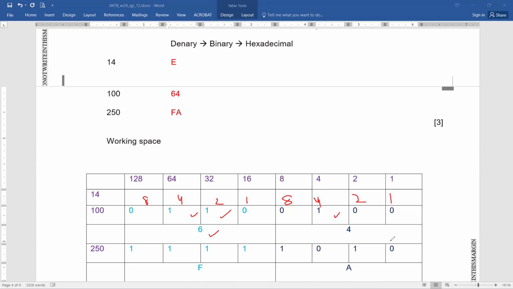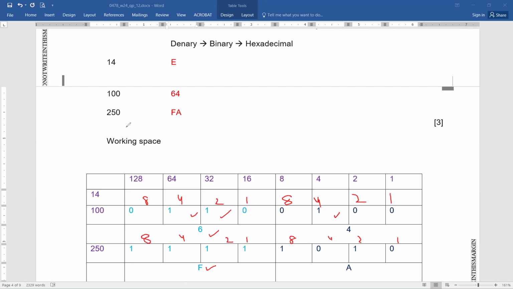Once we are done with this, we convert it to nibbles, 1, 2, 4, 8 and again 1, 2, 4, 8. Since all the 4 bits are on, that's why it will be F for 15. It's 8 plus 2 is 10, that is A. That is why your answer for this is FA. 64 for 100 and FA for 250.